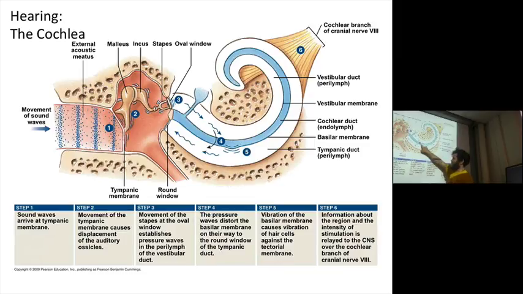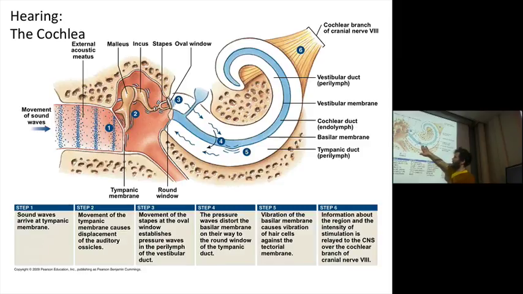That frequency is going to have a sympathetic vibration in the basilar membrane, at some certain point along the course of the cochlea.